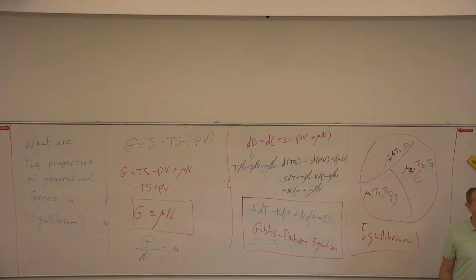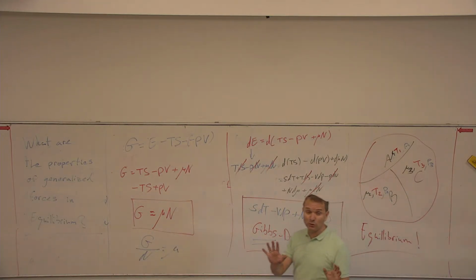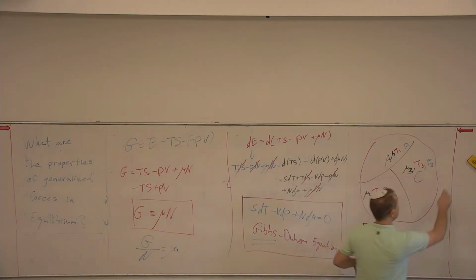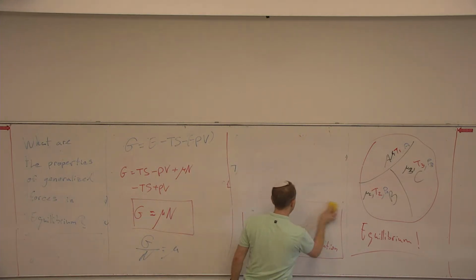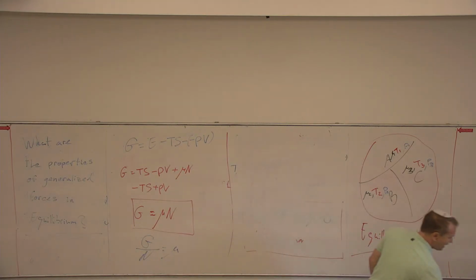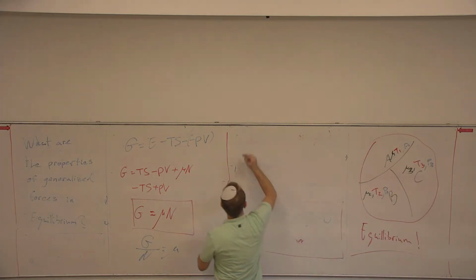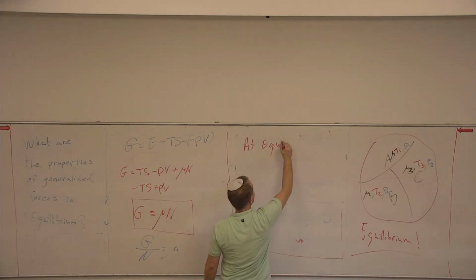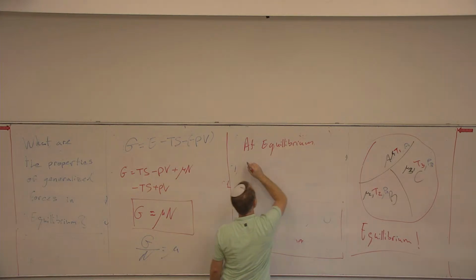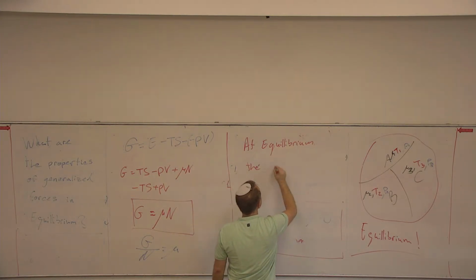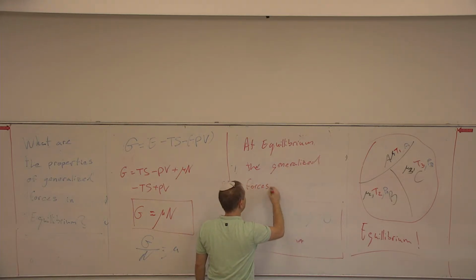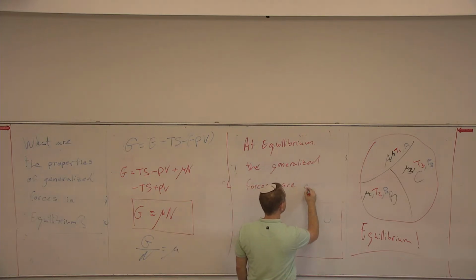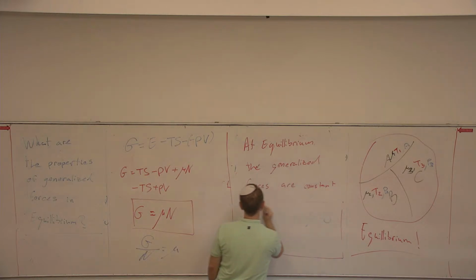I don't have the time to describe it to you, but we'll do it tomorrow to prove it. What I'm saying is the following. I'll make the statement and prove it tomorrow. At equilibrium, the generalized forces are constant across the system.